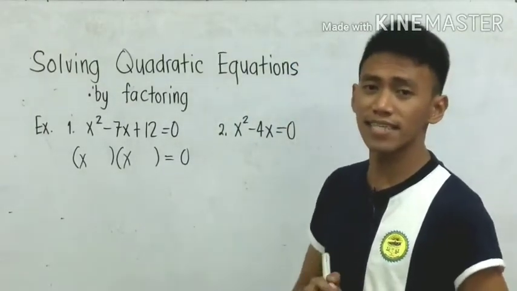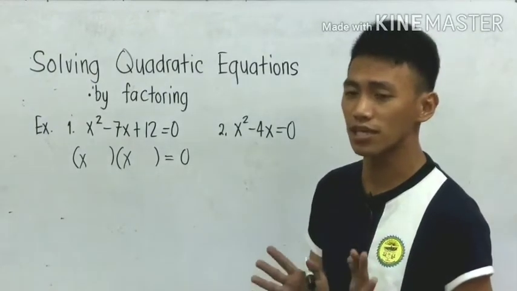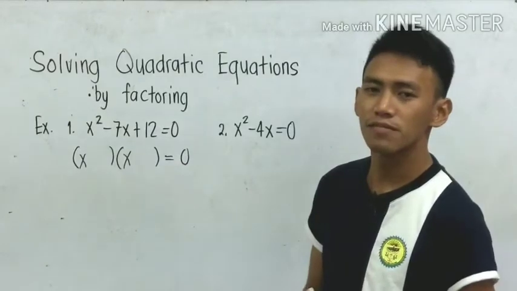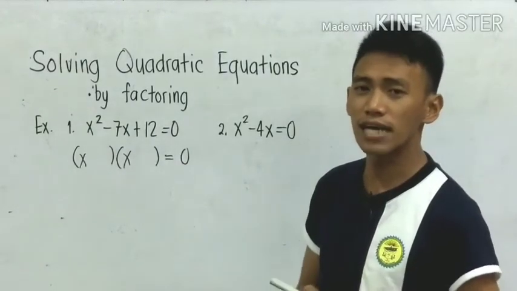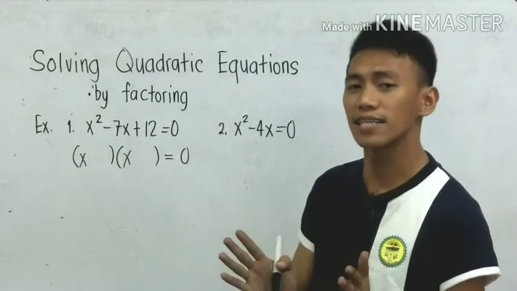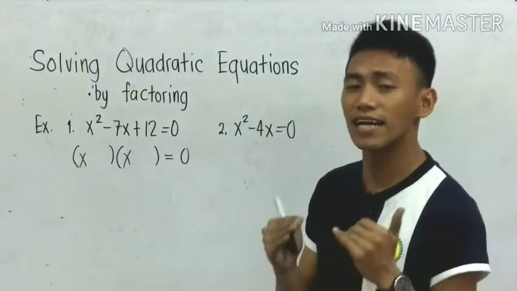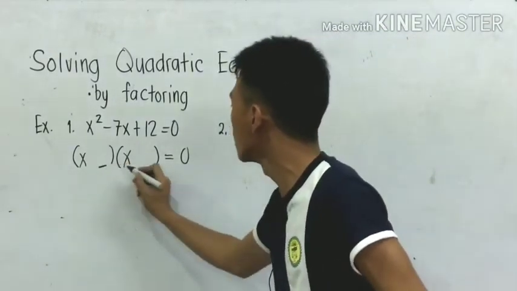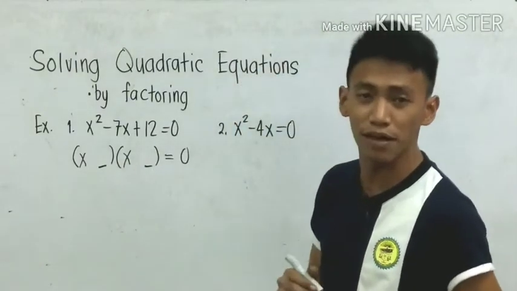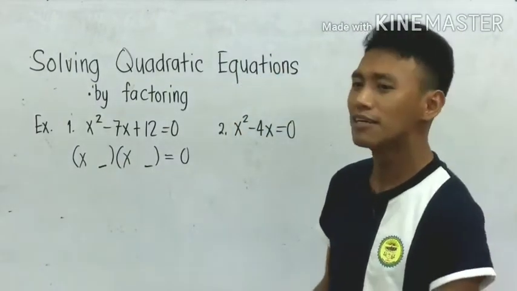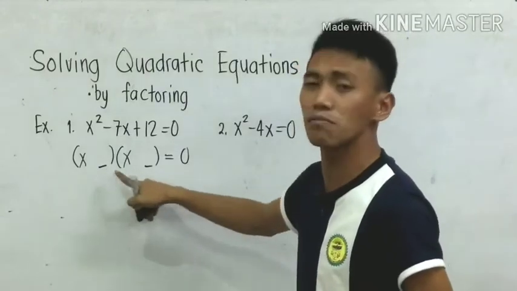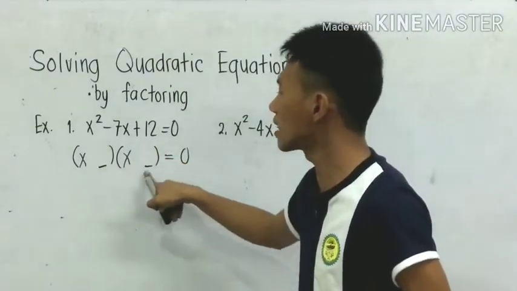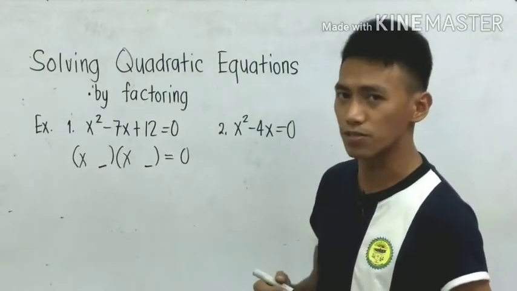Ang pinaka-best nga technique natong buhaton is mag-base ta sa atong constant. Nganong sa constant man? Because the constant is the product of the last terms. Sa FOIL method ninyo sa inyong grade 8. So, mao nga siya atong basihan, ang constant atong basihan para diri sa imong last terms.